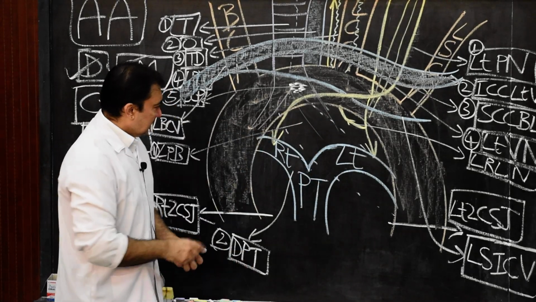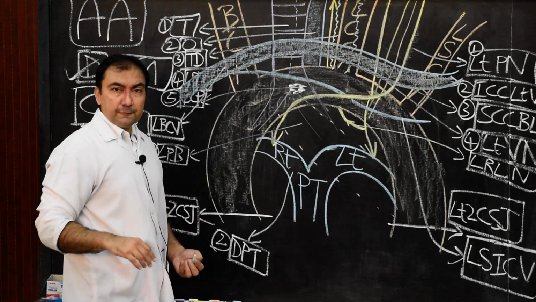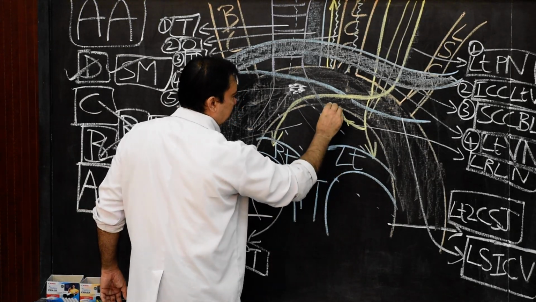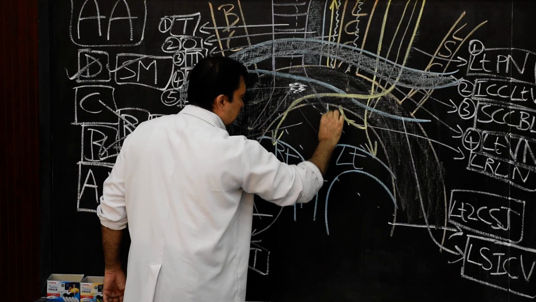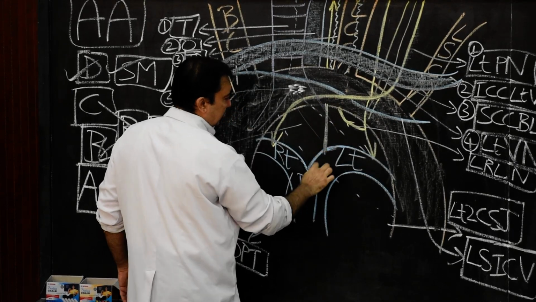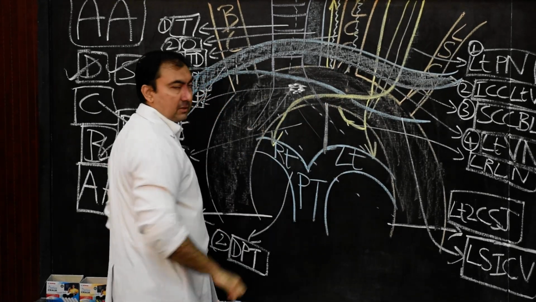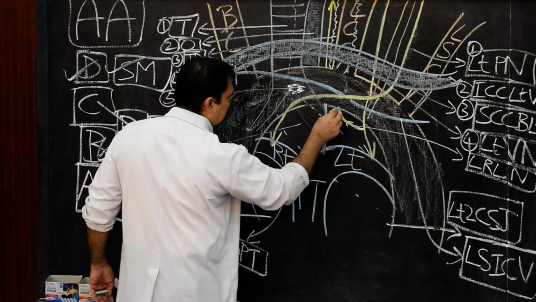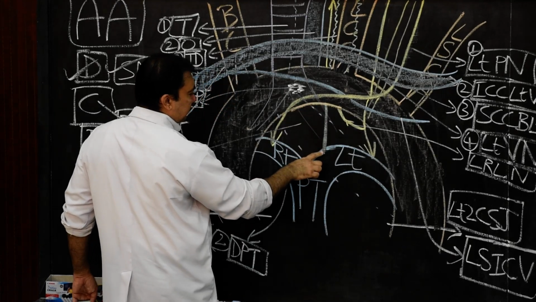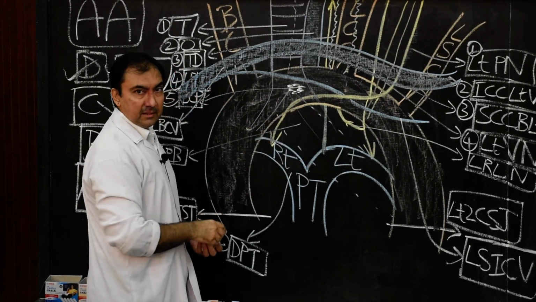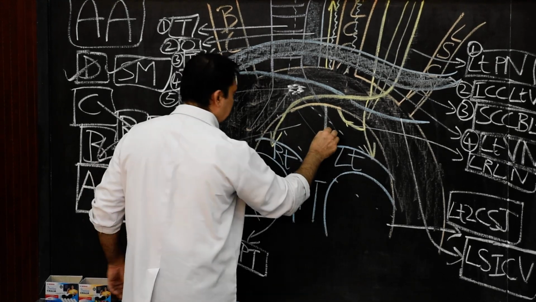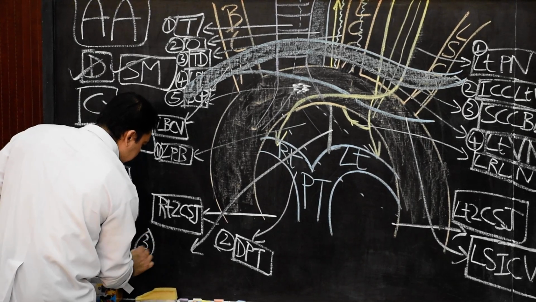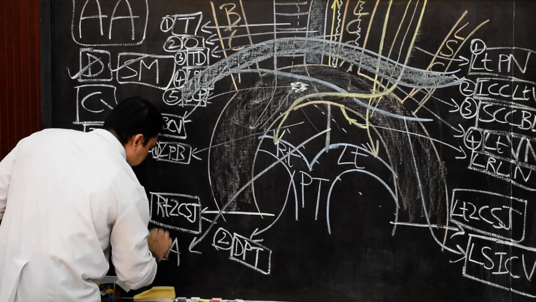Structure number 3, there will be attachment of ligamentum arteriosum. What will it connect? It will connect the left branch of pulmonary trunk with the arch of aorta. This is ligamentum arteriosum. So here this is structure number 3, and we shall write this as number 3, ligamentum arteriosum.